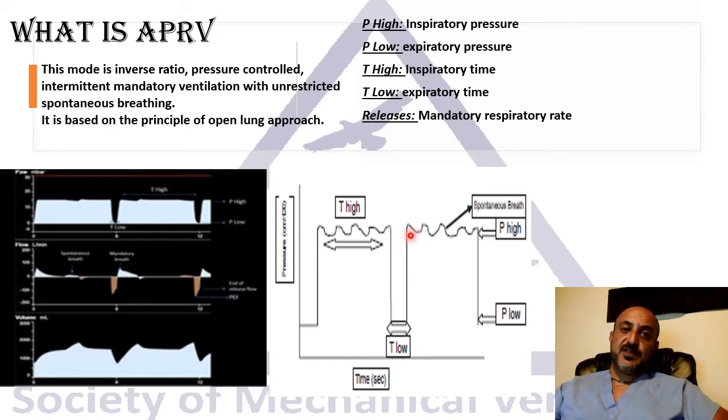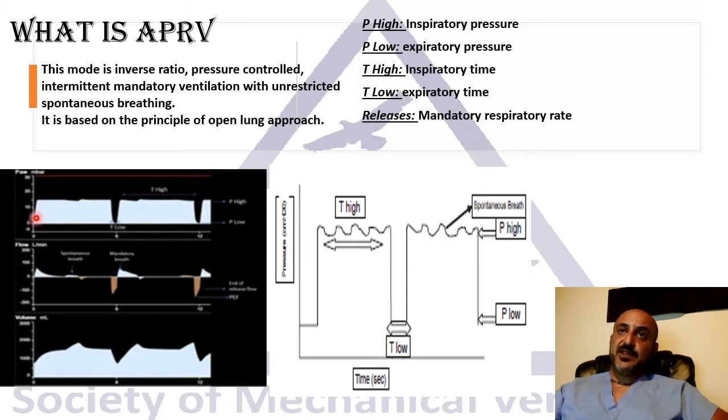So if you set, for example, the T high at 5.6 seconds and the T low at 0.4 seconds, it means there will be 10 releases per minute. And the patient can breathe on top as much as he wants, whatever his respiratory rate.